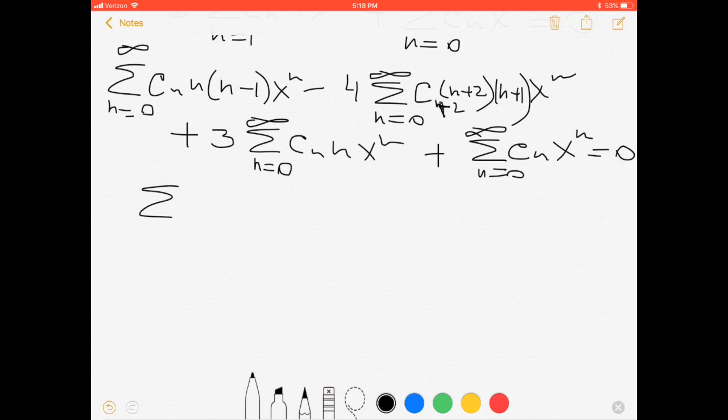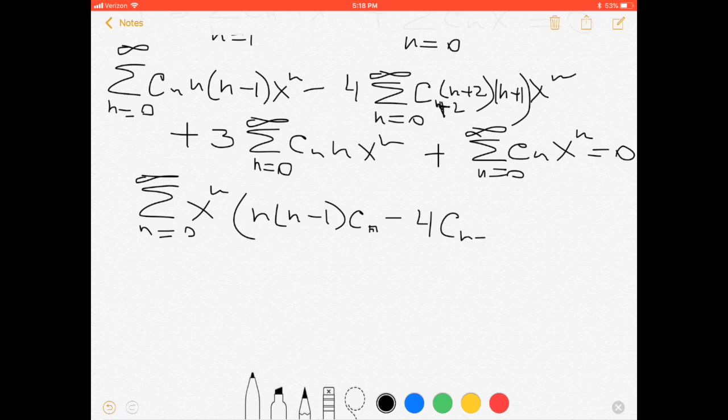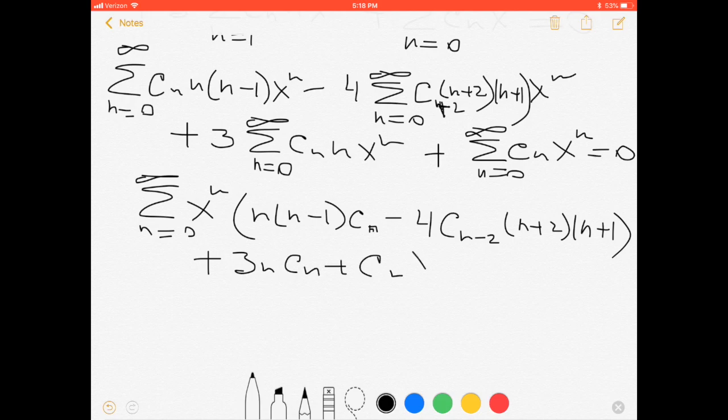I have the series n starting with 0 to infinity, x to the power n, and inside the parentheses: n times (n minus 1) Cn, minus 4 C index n minus 2 times (n plus 2)(n plus 1), plus 3n Cn, plus Cn.